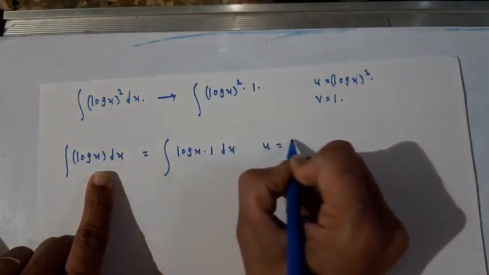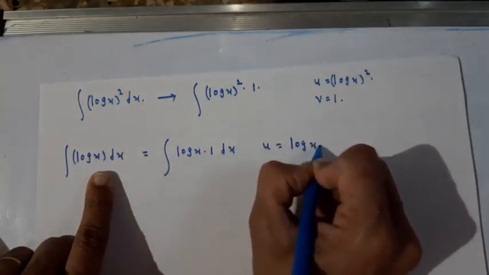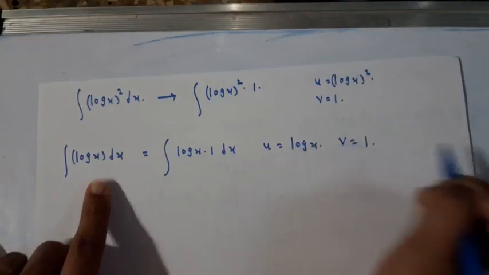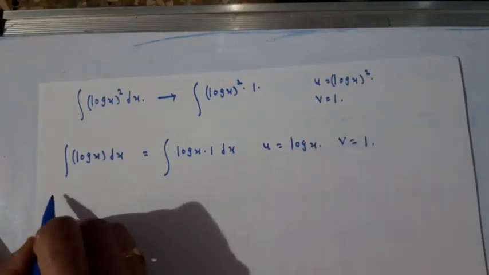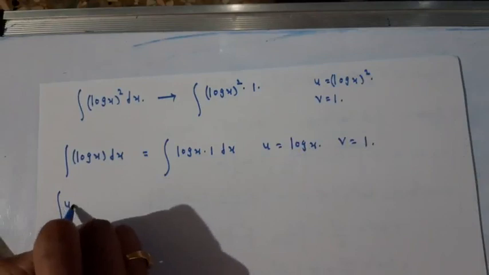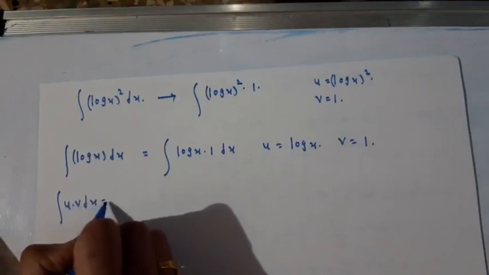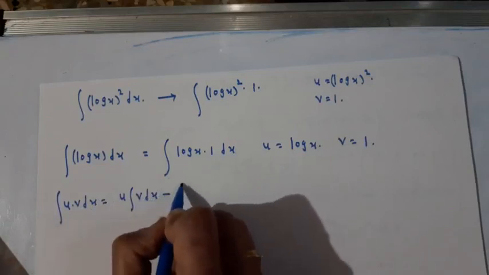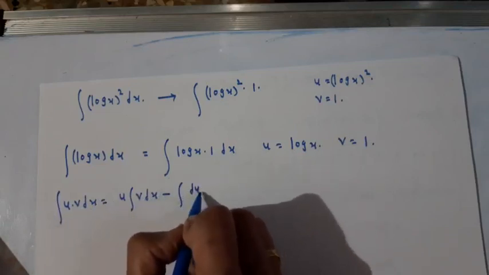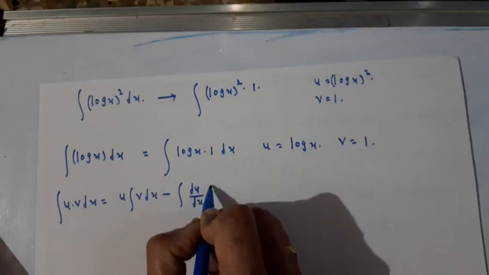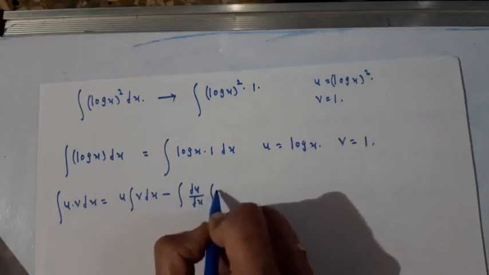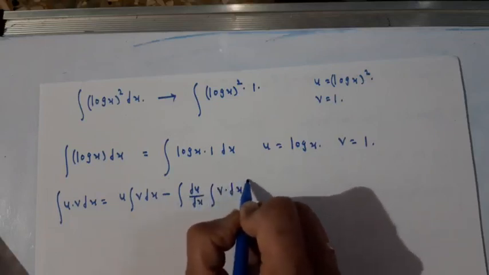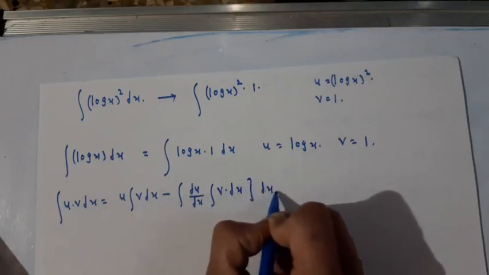So here u equal to log of x and v equal to 1. Now by using the by parts theorem, integration of u into v with respect to x equals u into integration of v with respect to x minus integration of differentiation of u with respect to x into integration of v with respect to x, whole with respect to x.